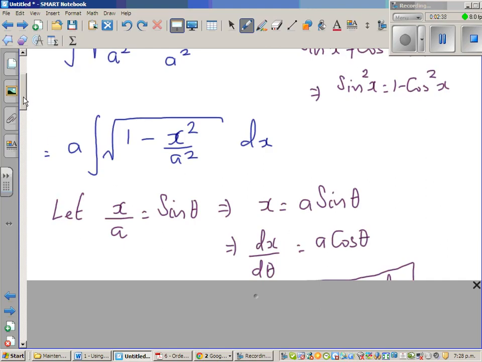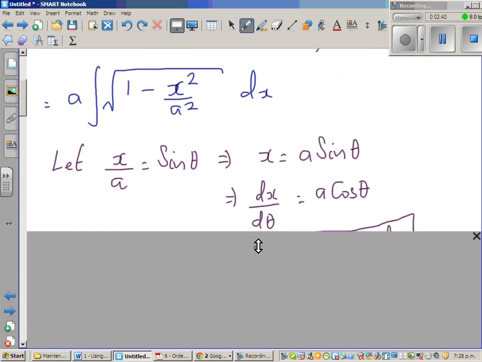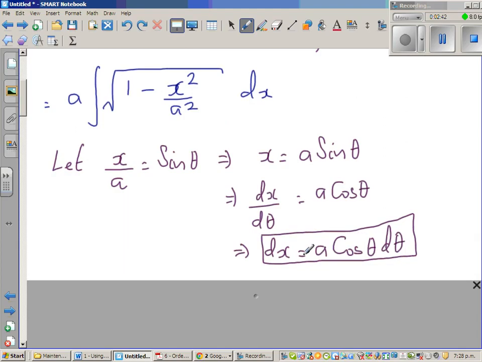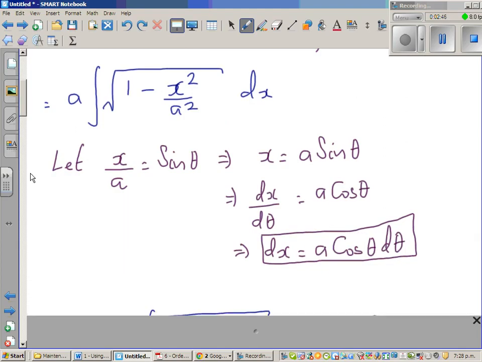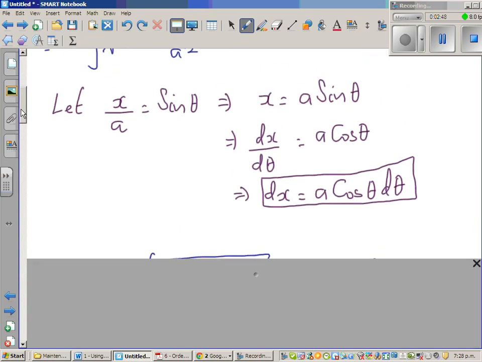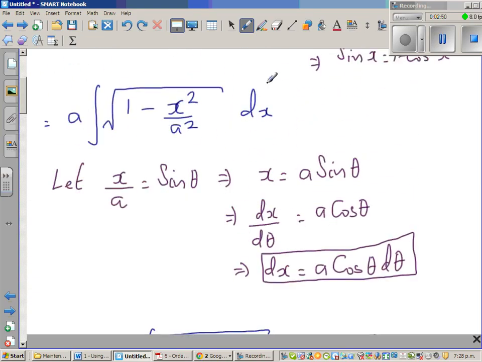So dx by d theta is a cos theta. Now this implies dx is equal to a cos theta d theta. So what happens now? In place of dx, I'm going to put a cos theta d theta, and in place of this I will put x squared.